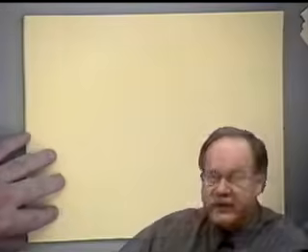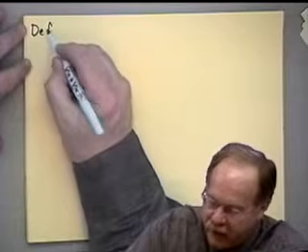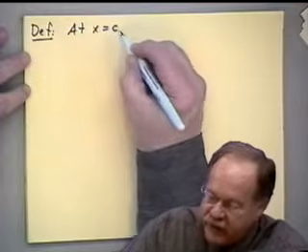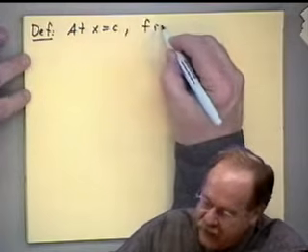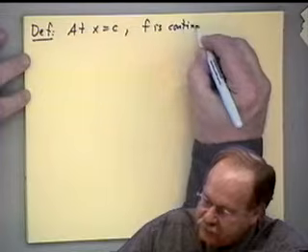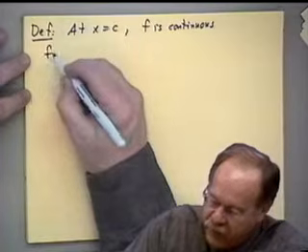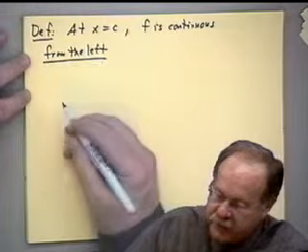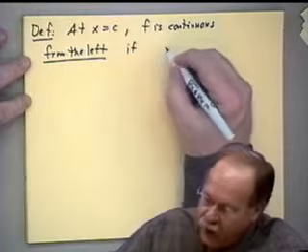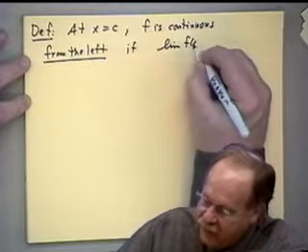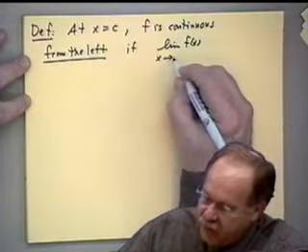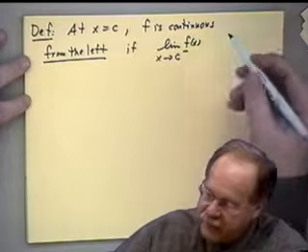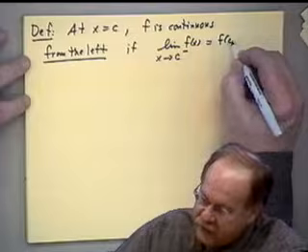We've already defined one-sided limits, so we're going to pull them out and we'll be able to define what we need. So at x equals c, we will say f is continuous from the left if, when we take the limit of f of x as x approaches that point c from the left, and that's our notation for coming from the left, we get f of c.